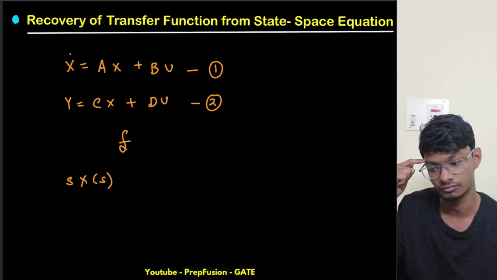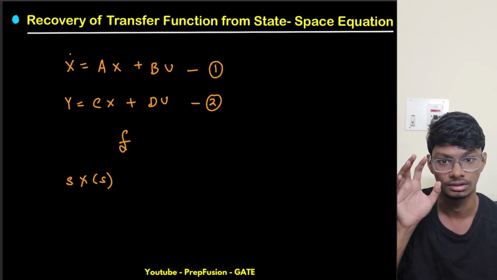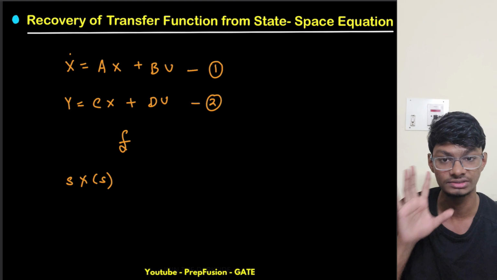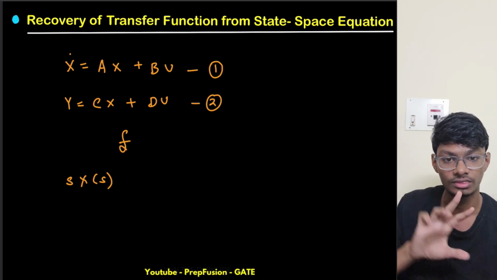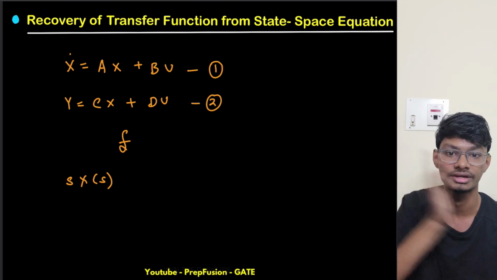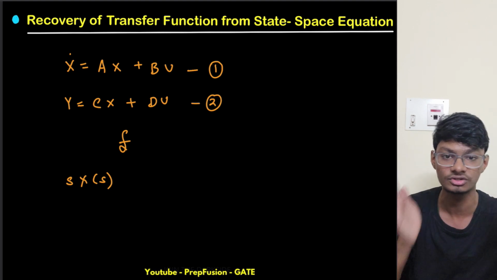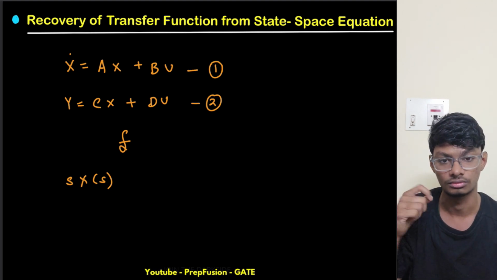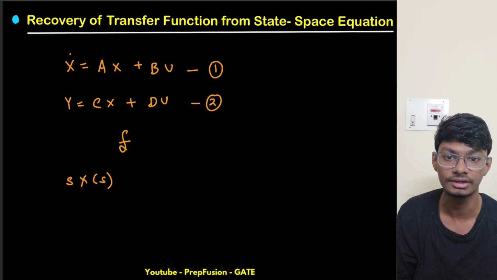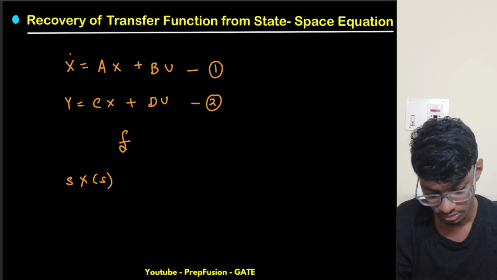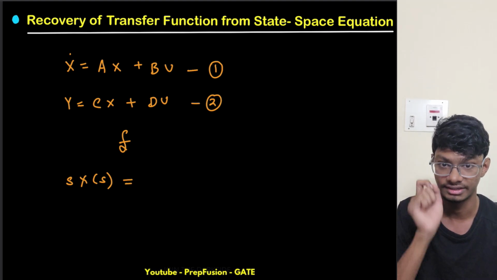When I taught you the concept of the transfer function, I mentioned specifically that the transfer function is valid when the initial values are 0. It is only due to the input. It is the ratio of the output over the input, only due to the input, when the initial conditions are 0.